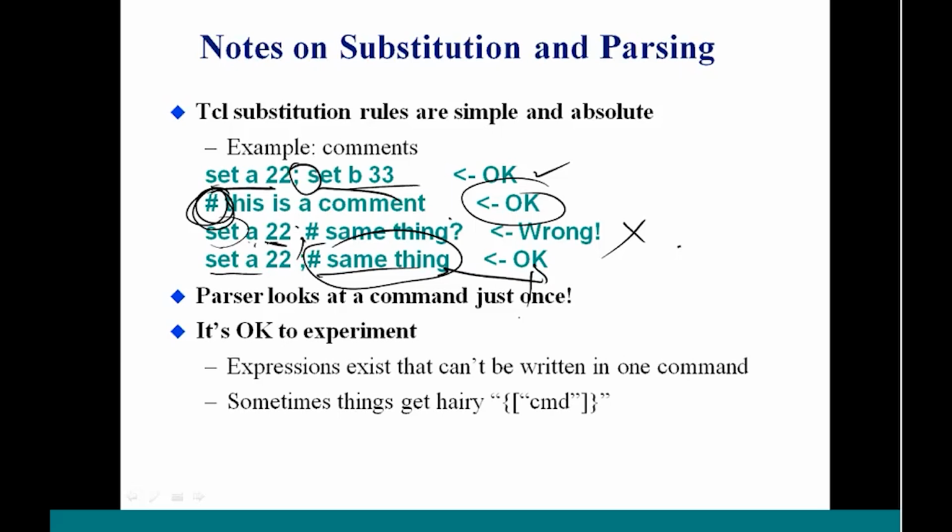So the bottom line is essentially the parser looks at the commands only once. It does not treat a comment line starting as maybe another command. And so as a result, we cannot write expressions in just a single command.